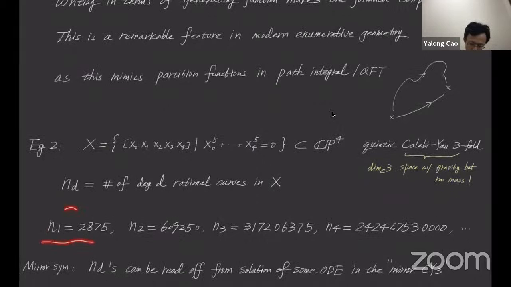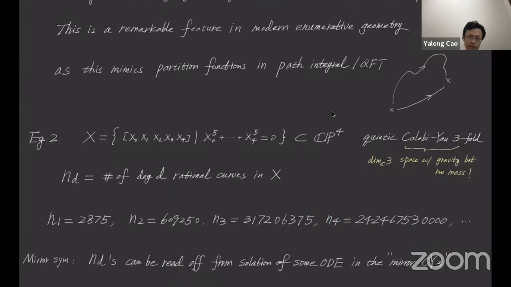When the degree becomes large, the numbers become very, very big and quite complicated. It's very hard to predict these terms for higher d. But there is an amazing duality called T-duality in string theory. In mathematics, this is called mirror symmetry, with which you can read off all this counting from the so-called mirror Calabi-Yau threefold.